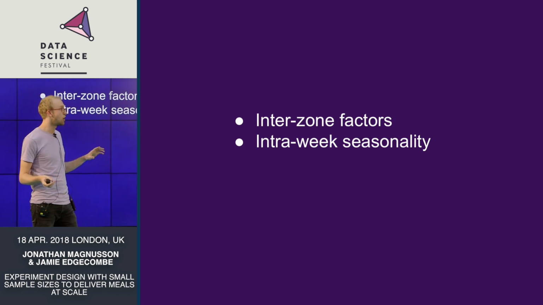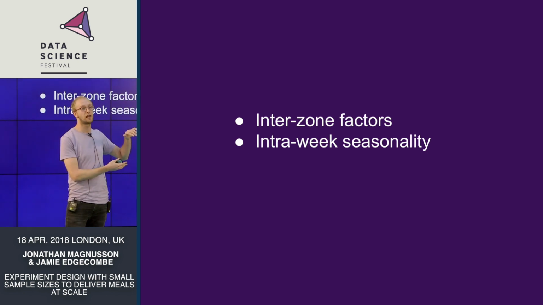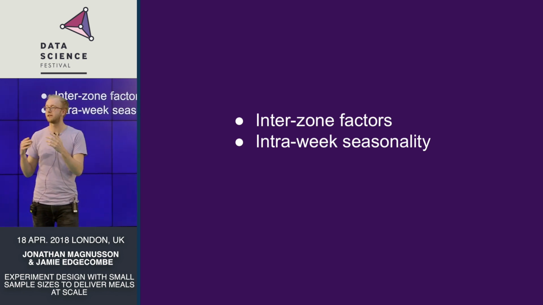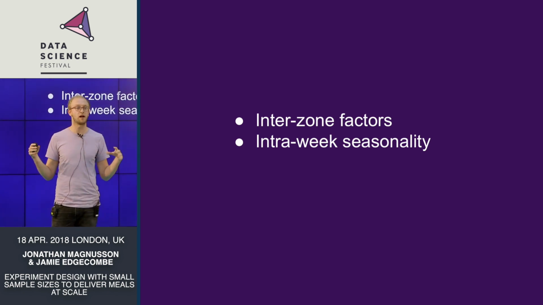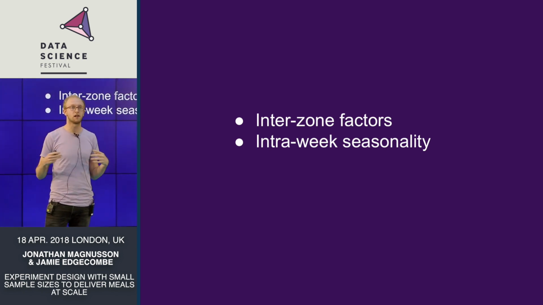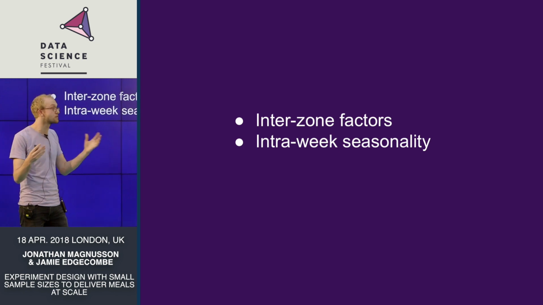One, to go back to the zones which you saw for London, the significant difference between, for example, a zone around here in central London, which is incredibly dense, lots of customers, lots of riders, lots of restaurants.